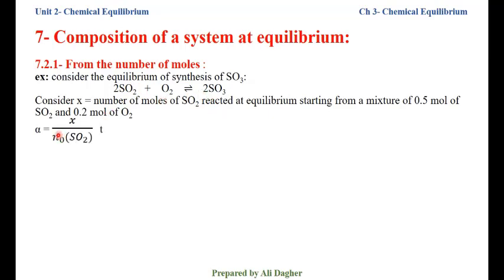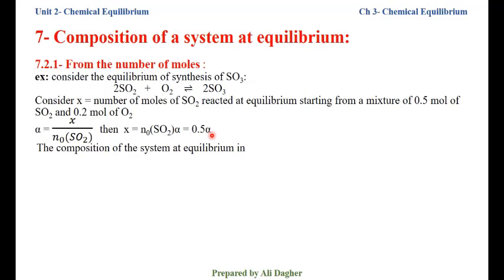Then alpha equals the number of moles of SO2 reacted, which is X, over the initial number of moles of SO2. Then X equals N0 SO2 times alpha, N0 SO2 equals 0.5, then X equals 0.5 alpha. Now, the composition in terms of alpha at equilibrium, in terms of alpha, not X.